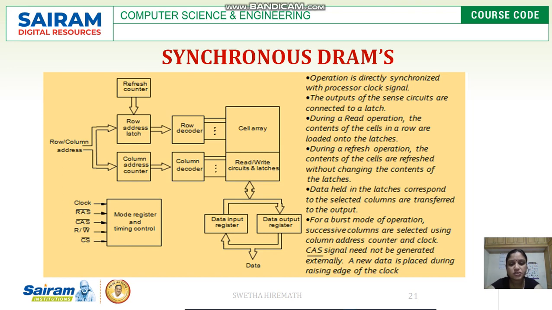If the charge level is above the threshold value, then we set the value of that bit as 1. If the charge is below the threshold value, then we set the bit value to 0.